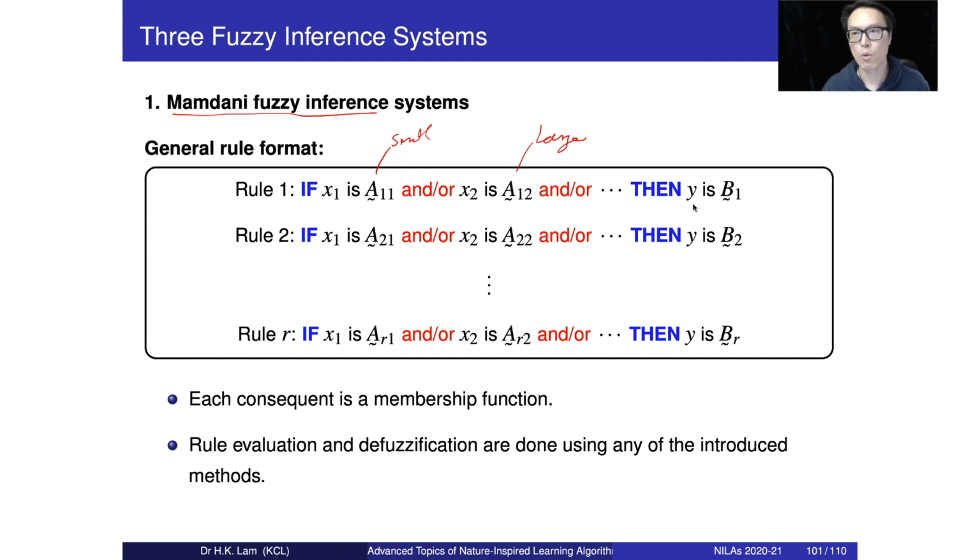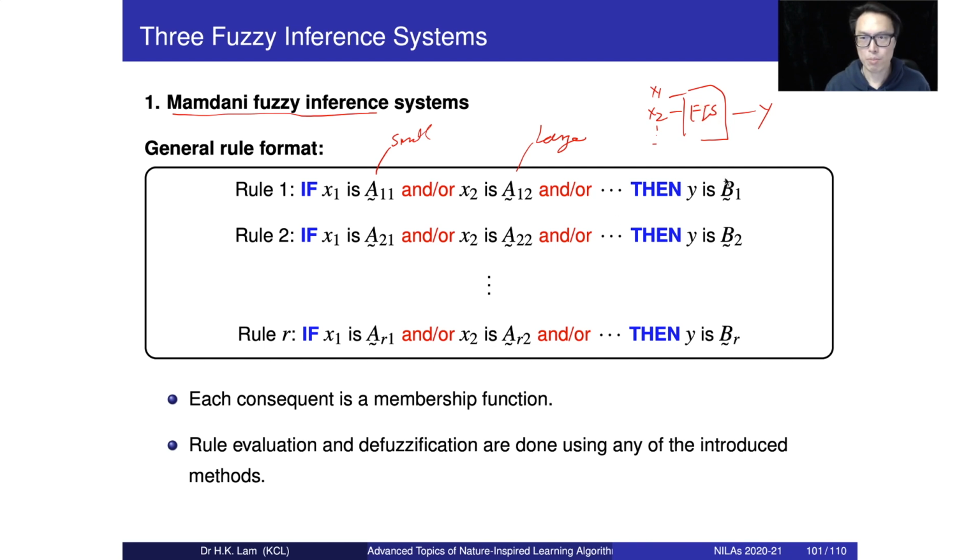And then y is b1, b2, and so on. So this is a multi-input, single output system, with x1, x2, and so on as inputs and y as the output. This is the fuzzy inference system.